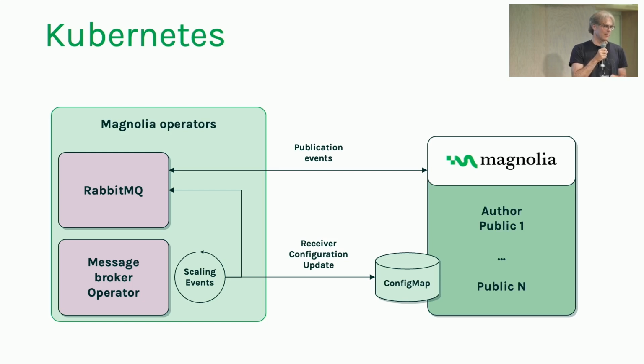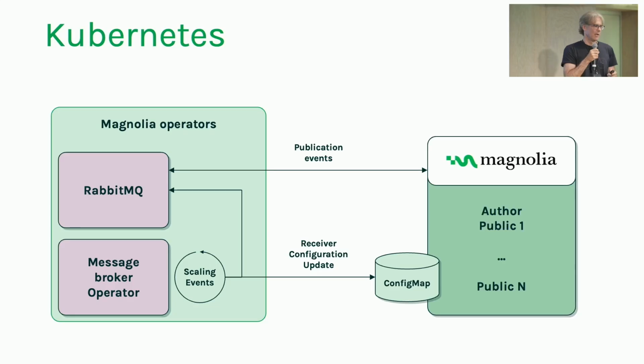With Kubernetes, if you deploy Swift publication there, you can configure your public instances in a Kubernetes config map, and then we have that operator. This is a Kubernetes concept. You have this Magnolia message broker operator, which basically sees that, okay, you did a change in that config map. Maybe you added a public instance there. What it will do is go into the control loop of Kubernetes and try to align the desired state, what you configured in the config map, with the actual state.